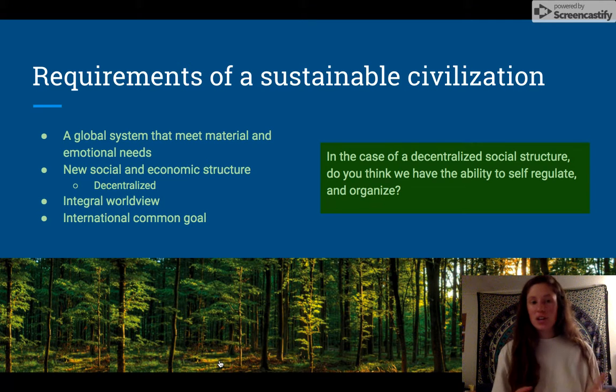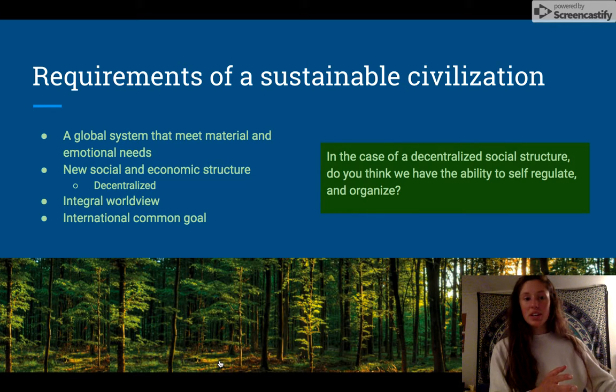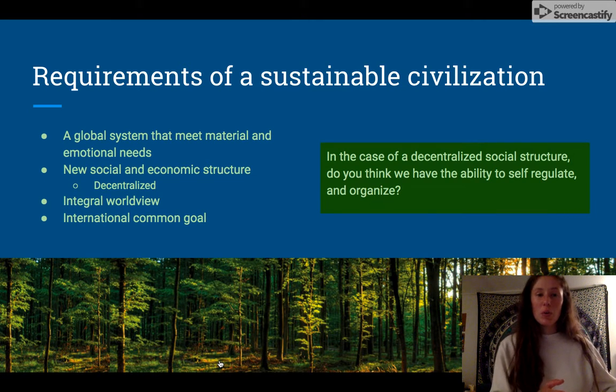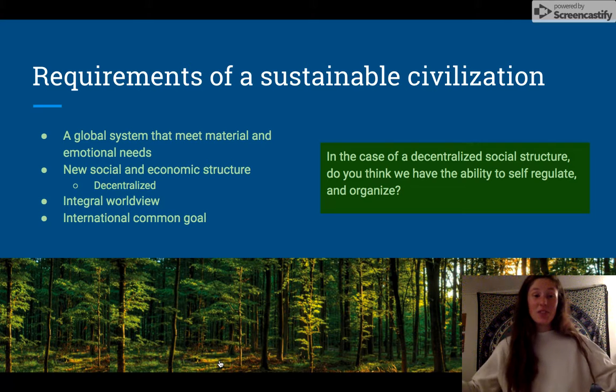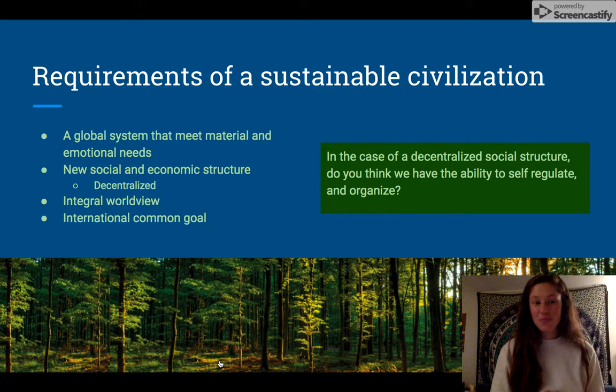Another big part is switching our worldview from being a consumer worldview to being an integrative, integral worldview. Additionally, internationally, we have to have a common goal to become a sustainable civilization, because we can't have one part of the world trying to become sustainable when realistically the whole world is working together, and it won't work if one area is doing their side of the work and another area is not.